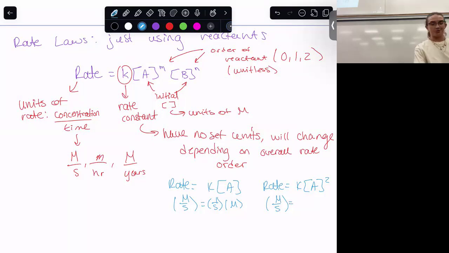If we're talking about just A, and then we're squaring A, what have we done to units if that's a molarity? Should be molarity squared, right? We take a molarity times molarity, molarity squared. So how do we get from molarity squared to molarity over seconds?